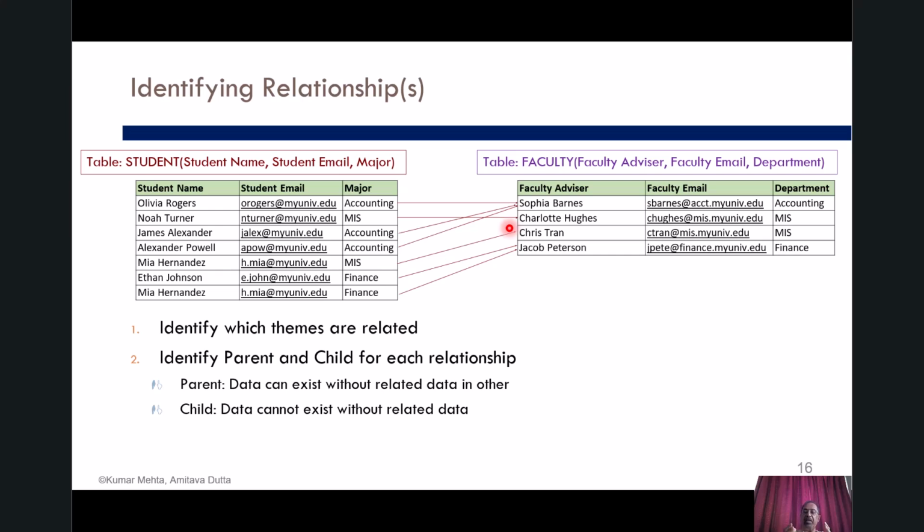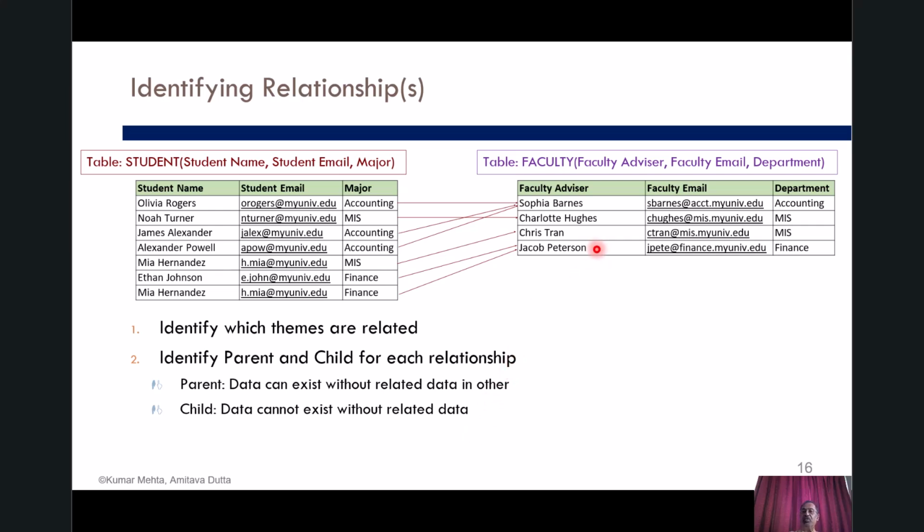Okay, and in the process, once we have established that there is a relationship between these two particular themes, we identify a parent and a child for each relationship. What does that mean? Parent data can exist without related data in the other. Child cannot exist without the related data. So what does that mean?